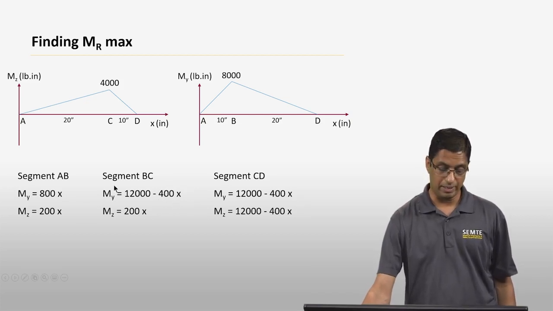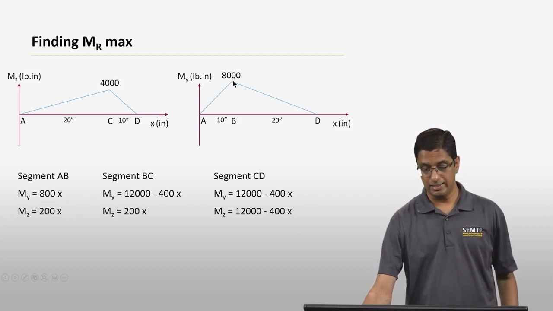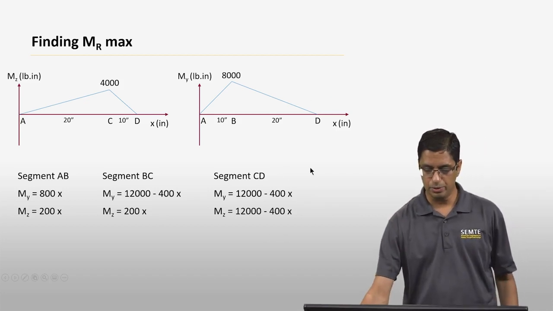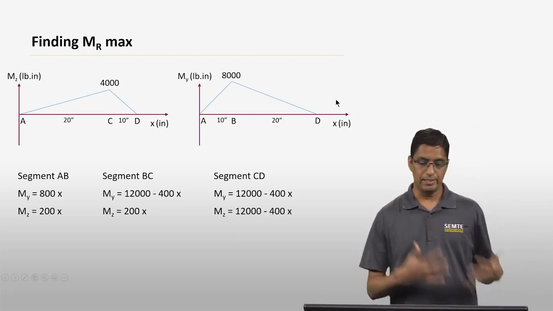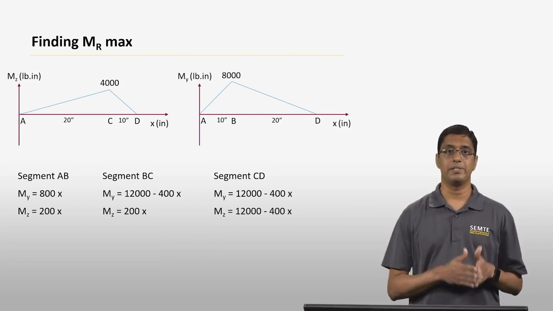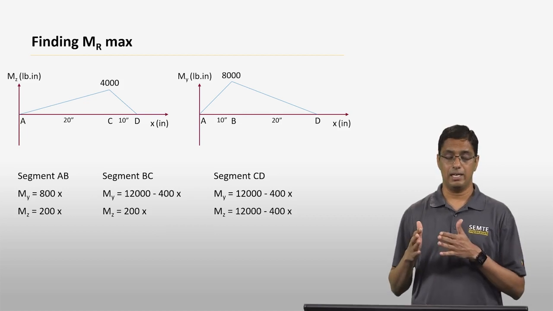So you have My to be 12,000 minus 400x. That is the same straight line that goes all the way from B to point D, which means the same function is true for the segment C to D as well. So in this case, we have written out the functions for Mz and My for segments AB, BC, and CD.